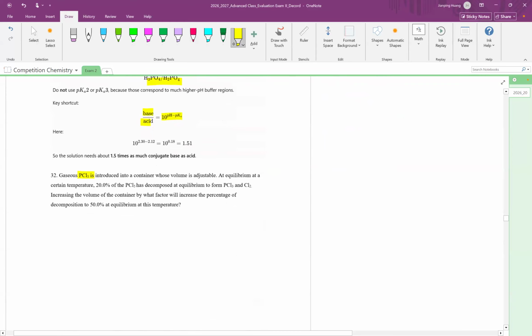Here is a very nice question about chemical equilibrium. In terms of thermodynamics, chemical equilibrium belongs to thermodynamics. In the past, thermodynamics questions could be extremely easy.